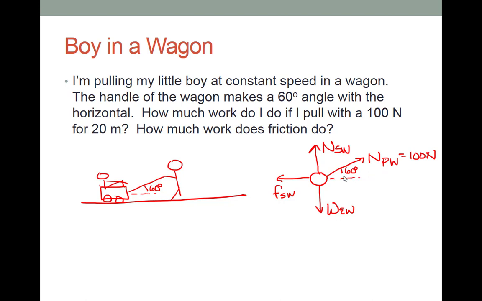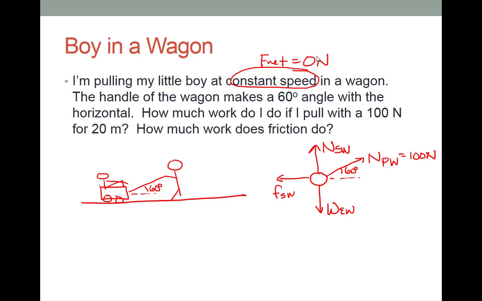The last thing before I flip slides that I want to point out is these words constant speed. So remember, constant speed means F net is 0 again.